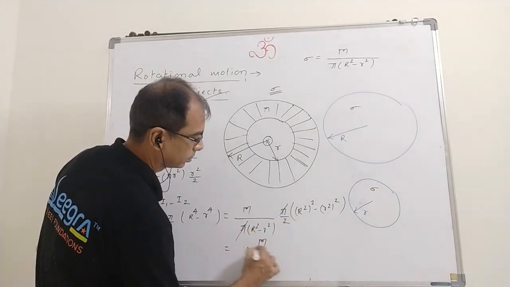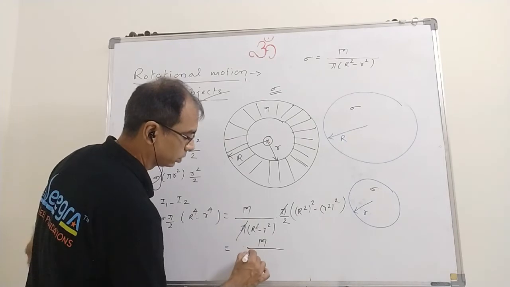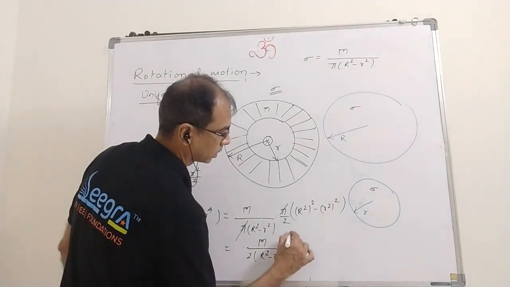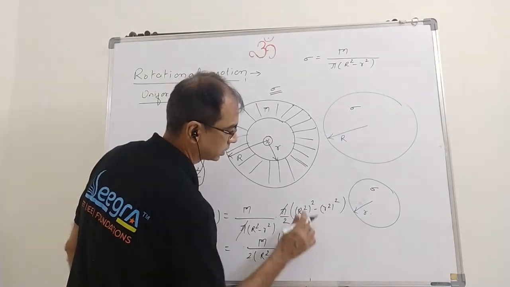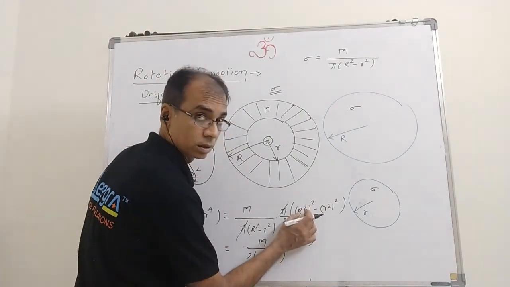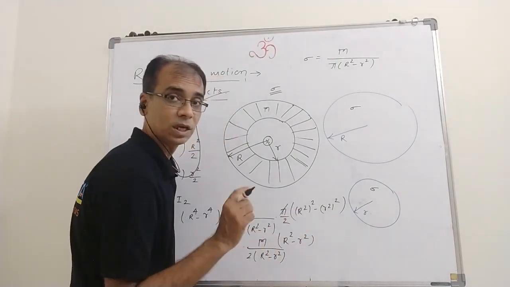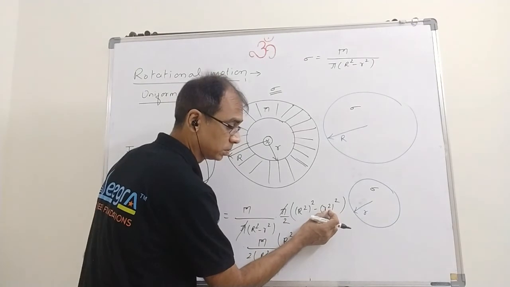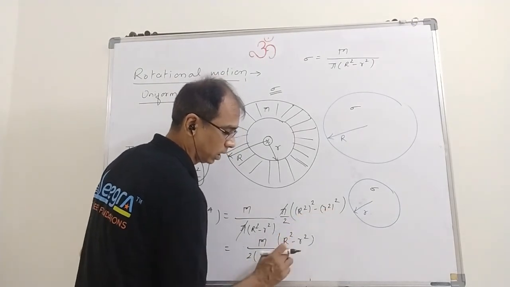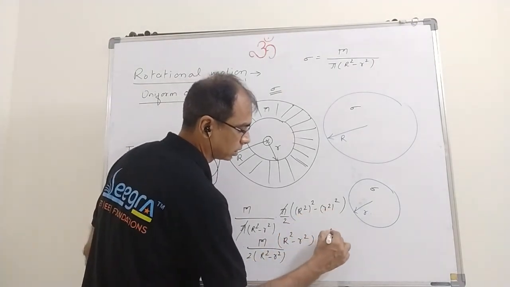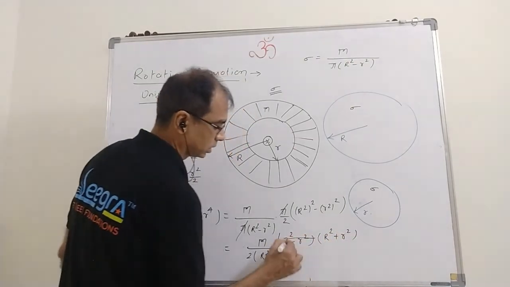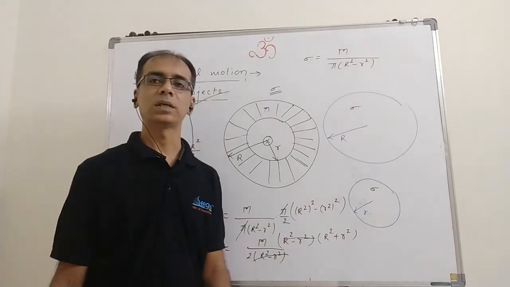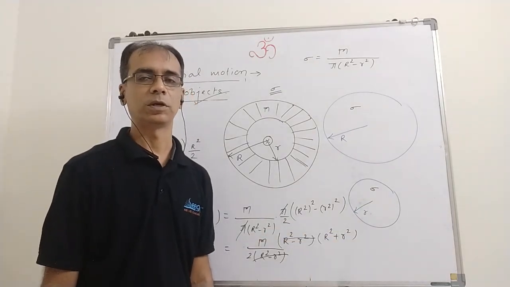So m by 2 into R square minus r square, here I am writing R square minus r square, that is a minus b, a plus b. What is a over here? R square is a, and r square is b. So a minus b I have written, then a plus b. So this and this get cancelled, and your answer is m by 2 into R square plus r square. This is the moment of inertia equation.